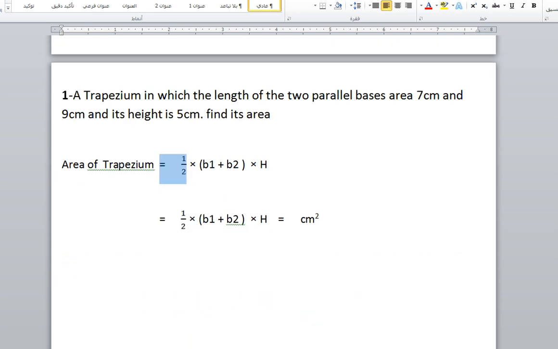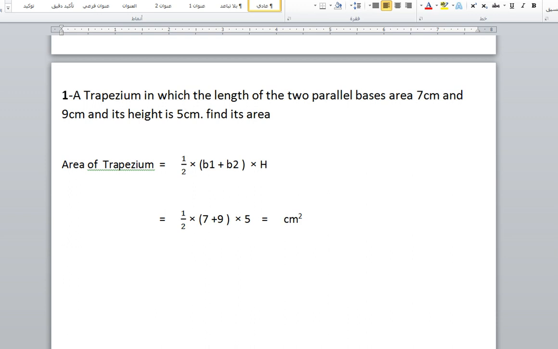So base 1 and base 2 are 7 and 9, by height, the height is 5. Okay, so the answer is what? Half by 7 plus 9 is 16, so 8 by 5 is 40 centimeters square.